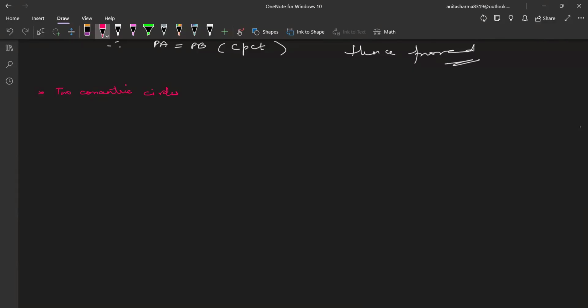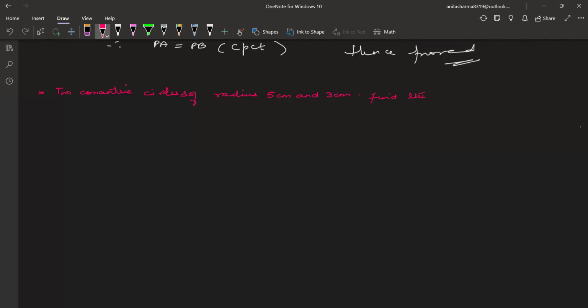Ma'am, it's like one circle inside another. Having the same center, right? Circles of radius 5 centimeter and 3 centimeter. Fine. And then find the length of the chord.